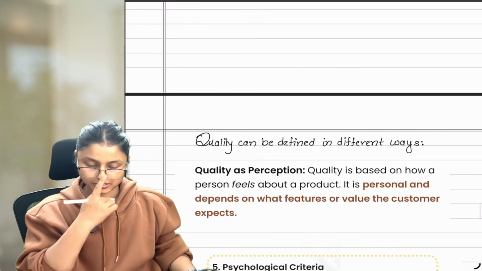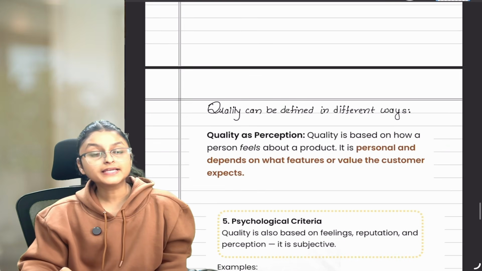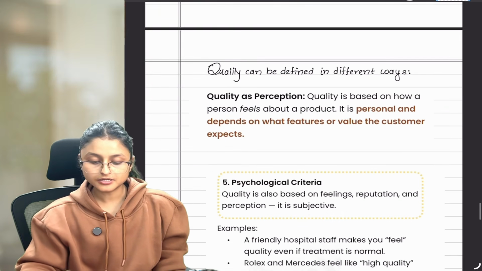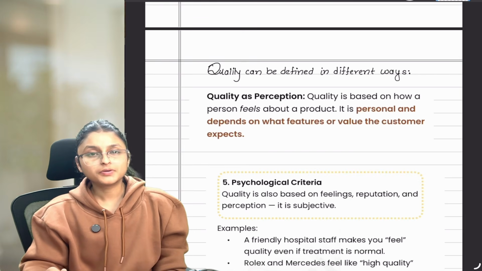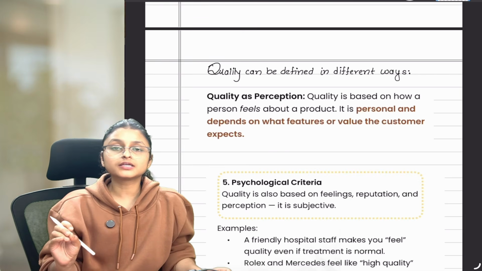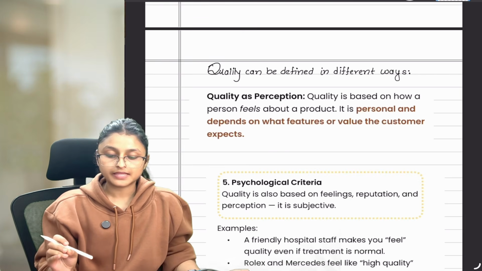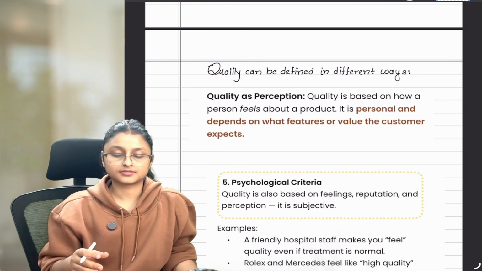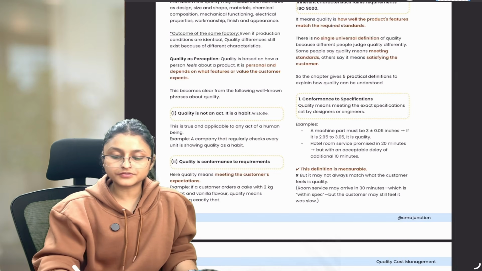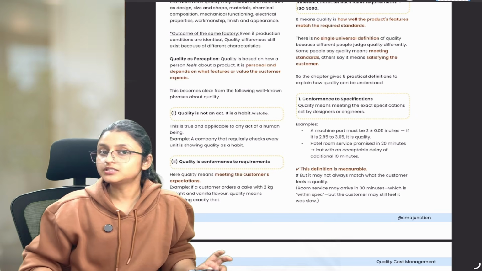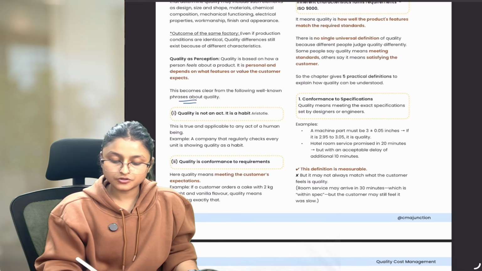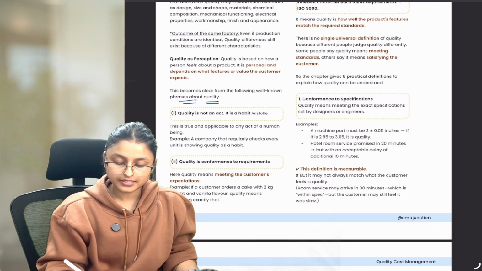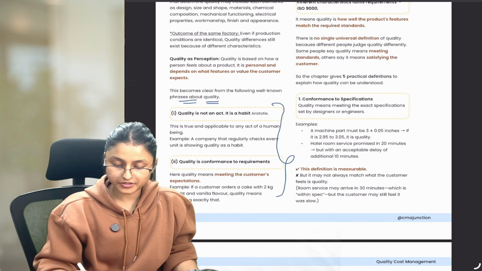Done. Next is quality can be defined in different ways. There are different definitions through which we can define quality. Why? Because everyone is thinking about quality in a different manner, and that is why it can be defined in different ways. Now, if you see these definitions in your book, they are divided into two parts. First, the well-known phrases about quality, like how quality is treated by different people.